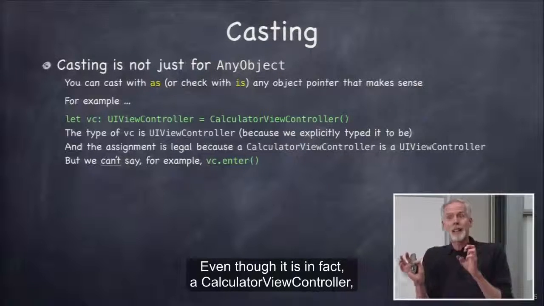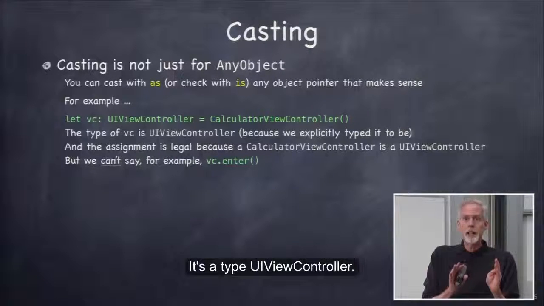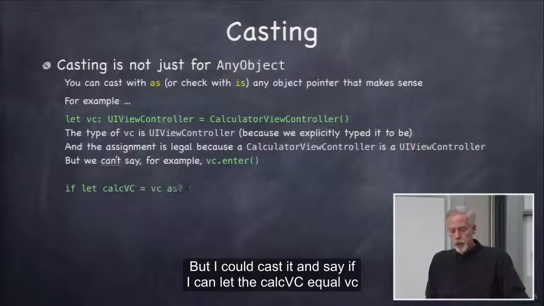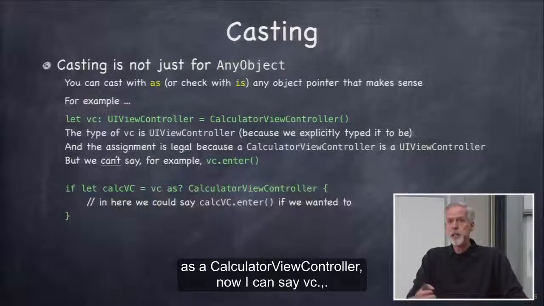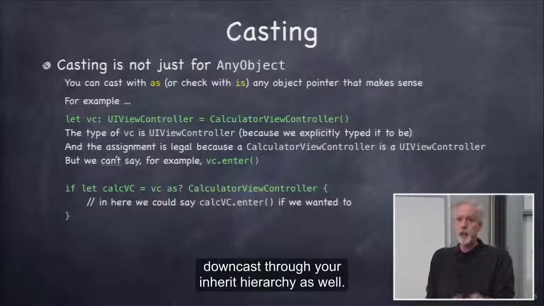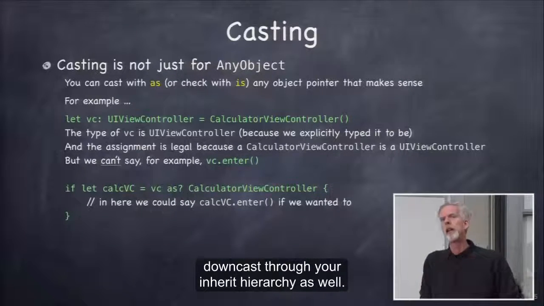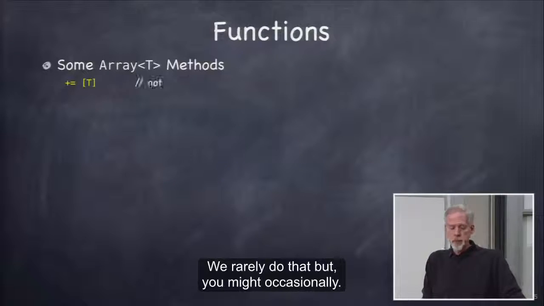Even though it is, in fact, a CalculatorViewController, from Swift's point of view, that local variable is not. It's of type UIViewController. But I could cast it and say, if let calcVC equal vc as CalculatorViewController, now I can say calcVC.enter. Okay? So you can cast, downcast through your inheritance hierarchy as well. You rarely do that, but might occasionally.